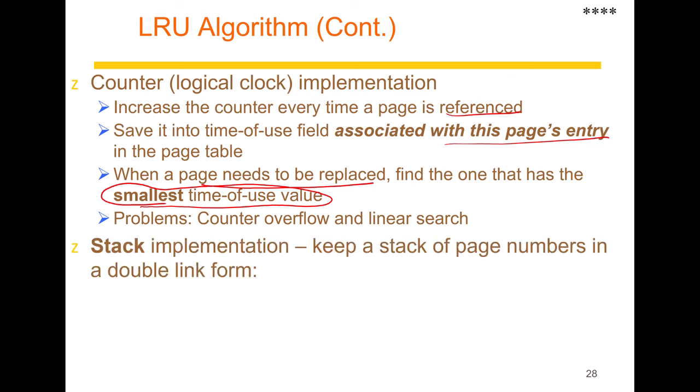Okay, the other implementation, instead of a first in first out buffer, we can actually implement that one using a stack implementation, with a few more operations, like when a page is referenced, and if that page is somewhere in the middle of the stack, we have to take it out from the stack and push it back onto the stack. And every time we are about to pick a victim, the one that has not been used for a long time is at the bottom of the stack.